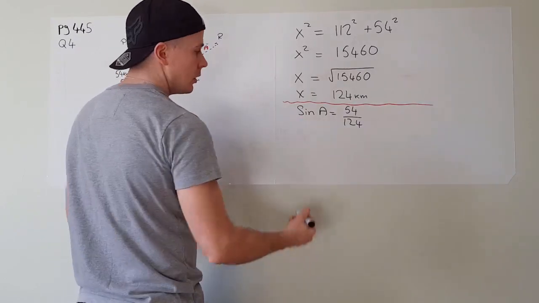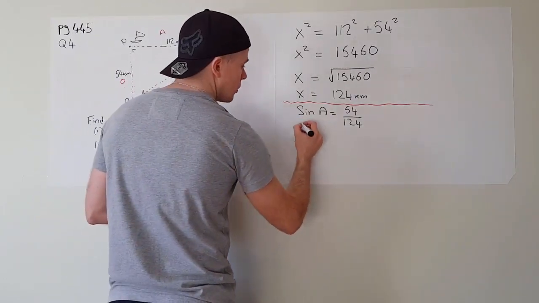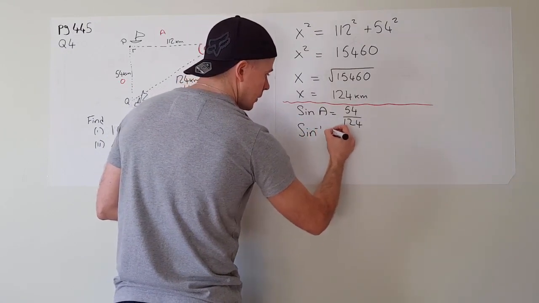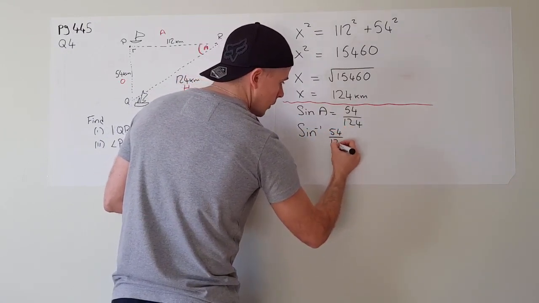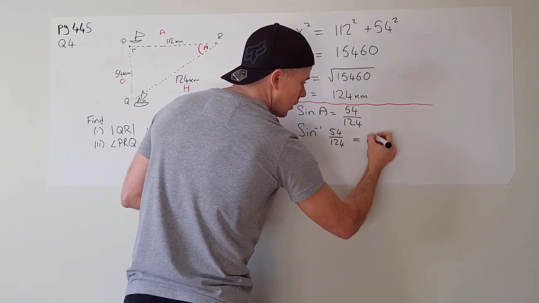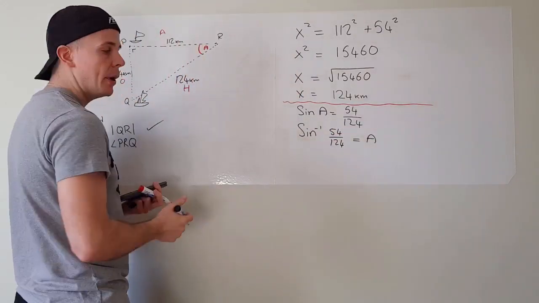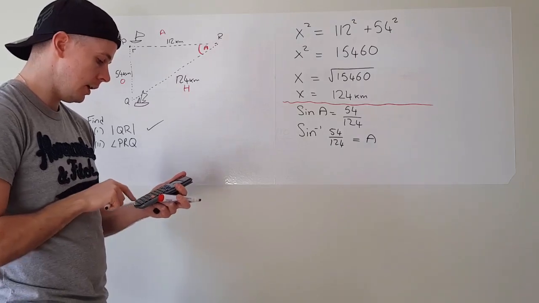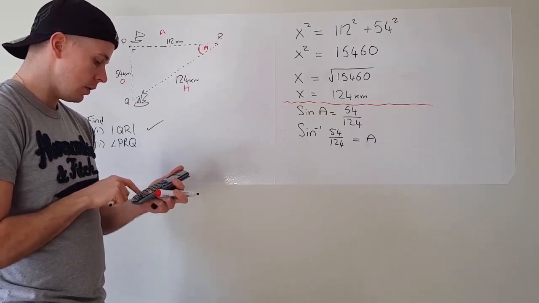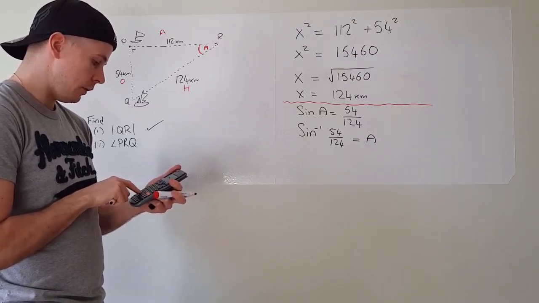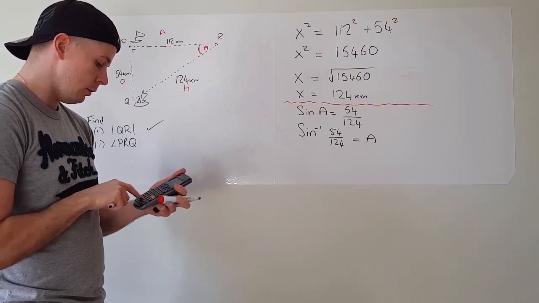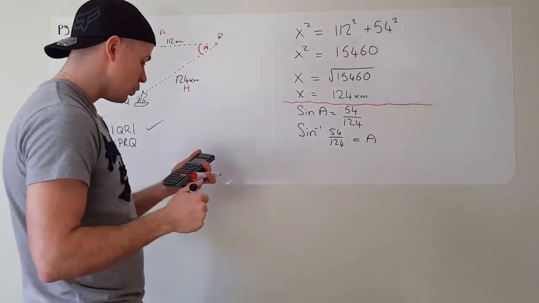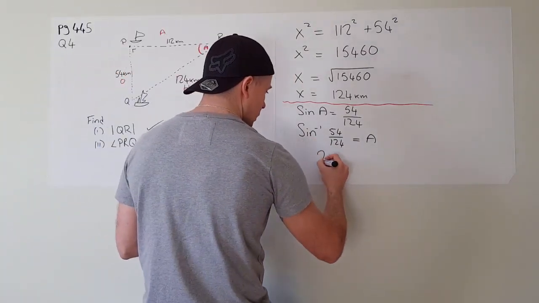We use our inverse function. So sine inverse of the fraction will equal the value of the measure of that angle A. So onto your calculator, shift sine is going to get you your sine inverse, then you're going to go your 54 all over your 124, and that will equal 25.8 degrees.